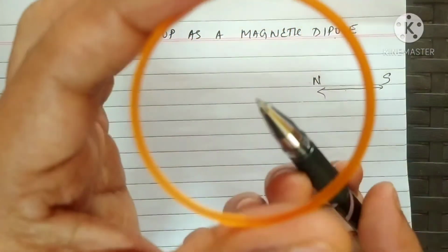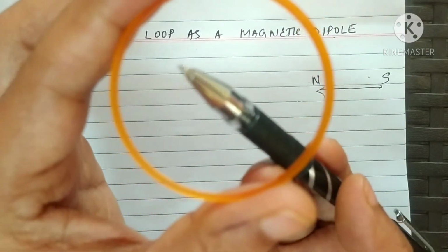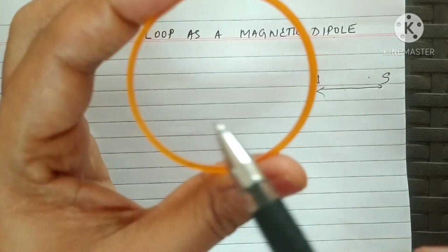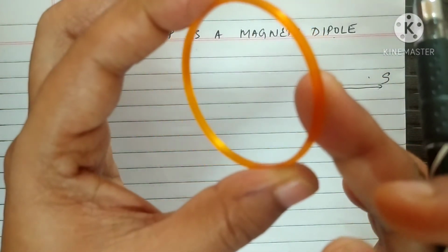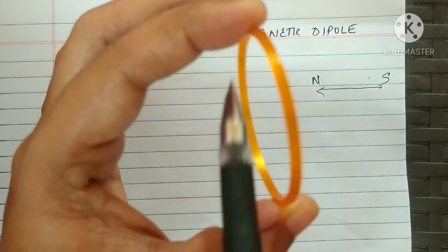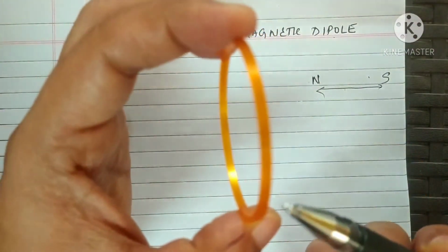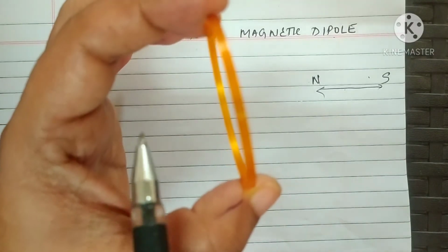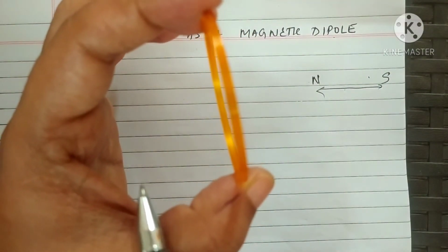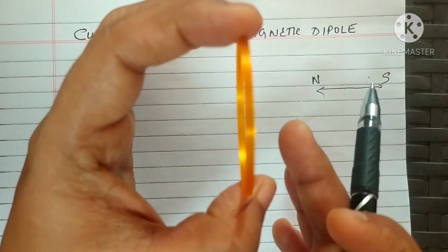But if you are looking from here, you will feel that it is clockwise direction. Am I right? Looking from this direction, it is anti-clockwise. Suppose this is the circular loop. Looking from this direction, it is clockwise. Clear for you? So there are two directions from two views, isn't it?